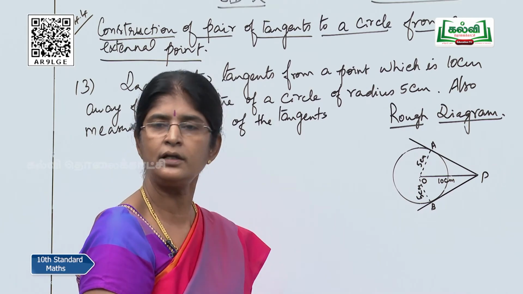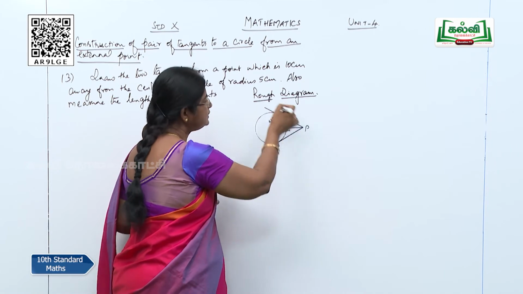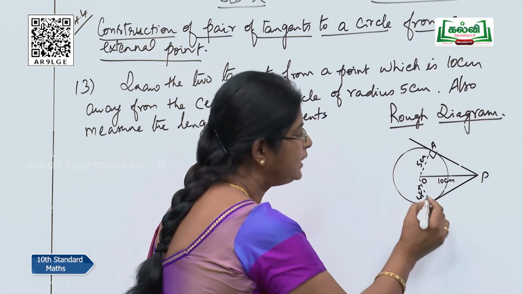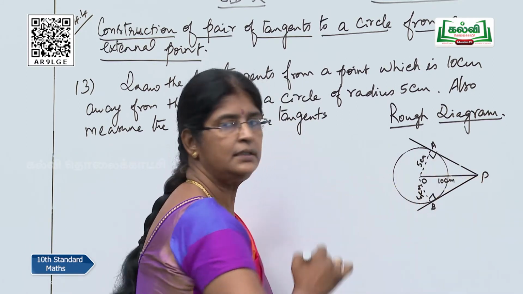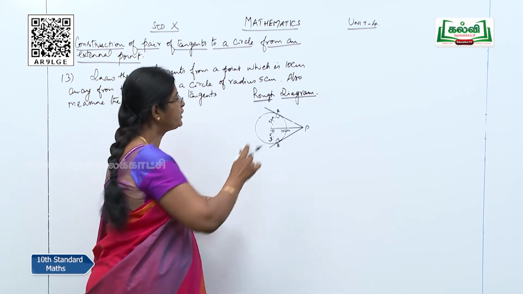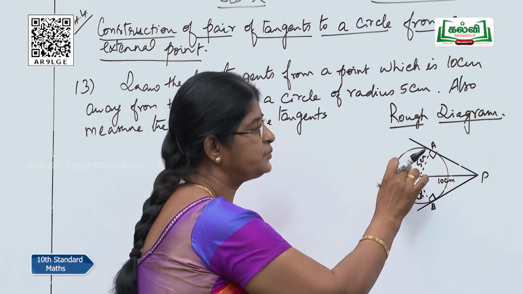Now one result I already told you: the radius and the tangent meet at an angle of 90 degrees, and here also 90 degrees. Now you know OAP is a right angled triangle. Whenever you come across any right angled triangle, you can use the Pythagoras theorem. So this is the hypotenuse and this is one side.